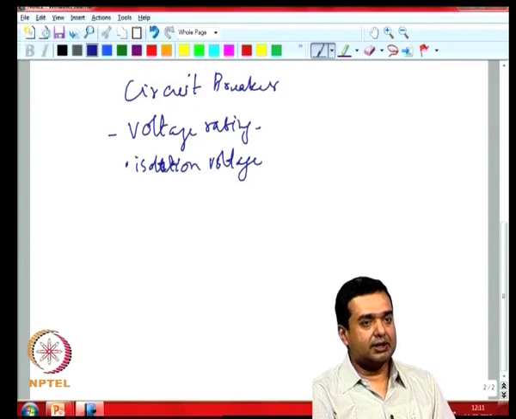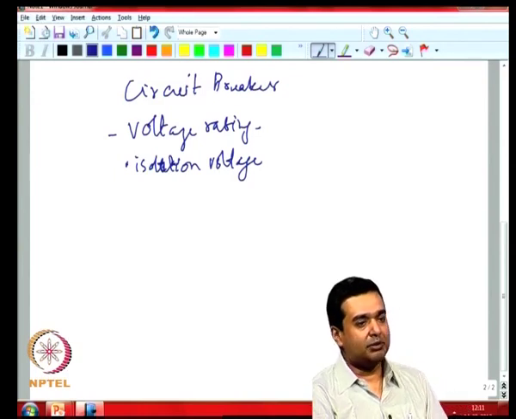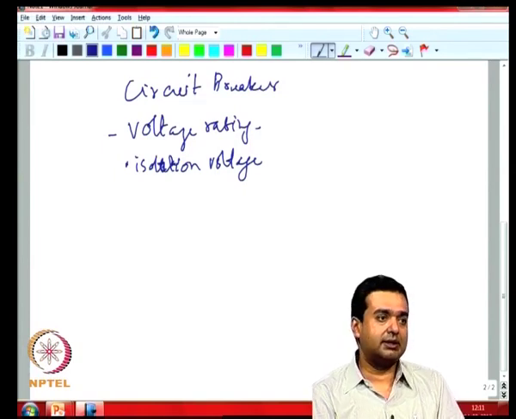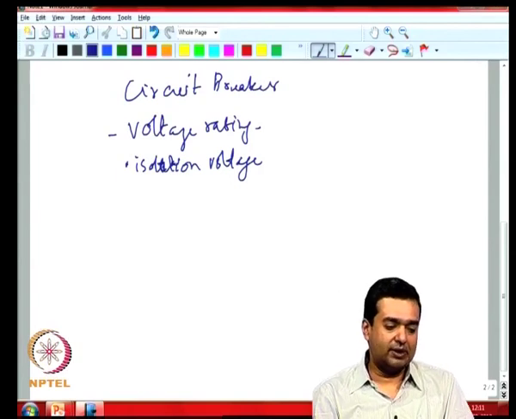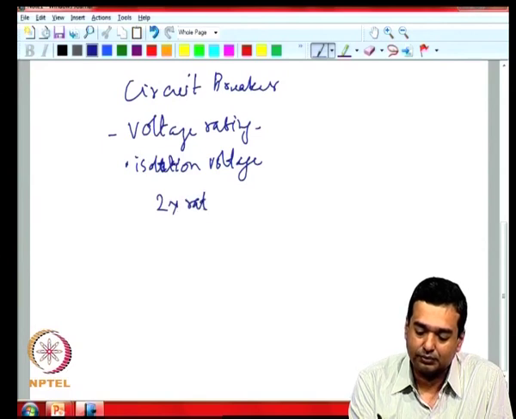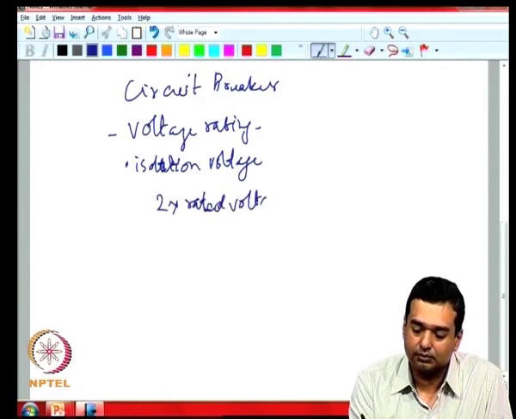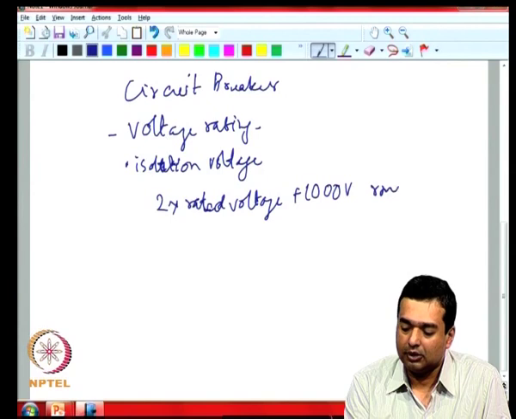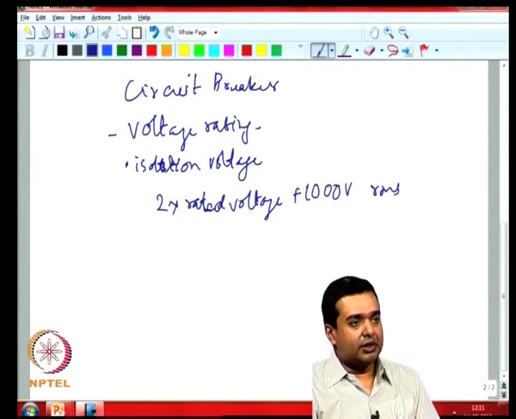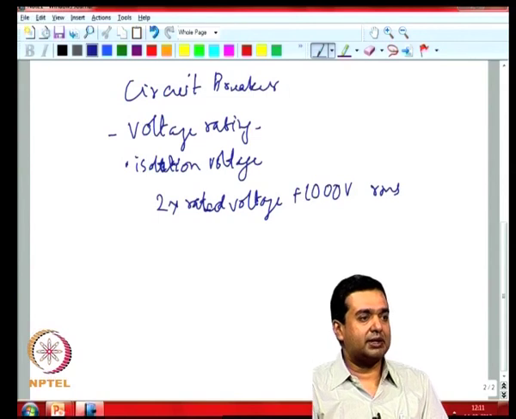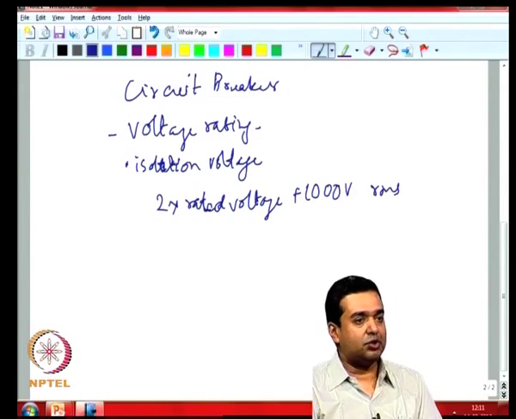So, your isolation voltage is also an important parameter of your breaker. For many low voltage circuits, you would need an isolation voltage level of at least twice your rated voltage plus some margin, on an RMS basis. So, even though you have a voltage level at which it would operate, your ability to isolate has to be much higher.